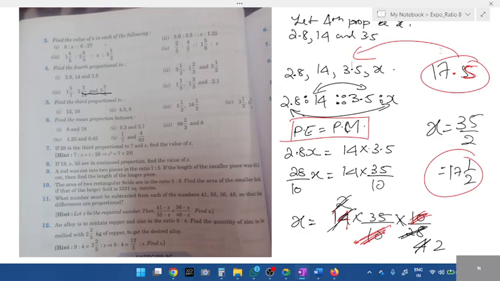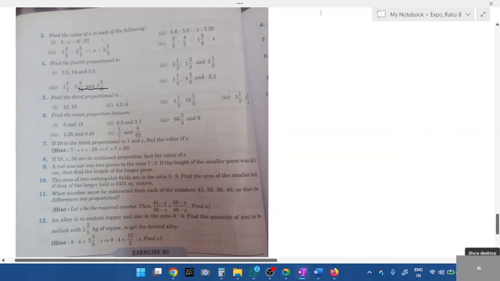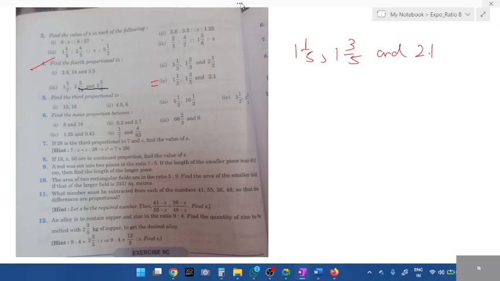Okay, Amelda, tell me the last one. Fourth one, how do you solve? Which term do we need to find? I told you to solve, right? Read the question. When the fourth proportion is not given, what do we take?